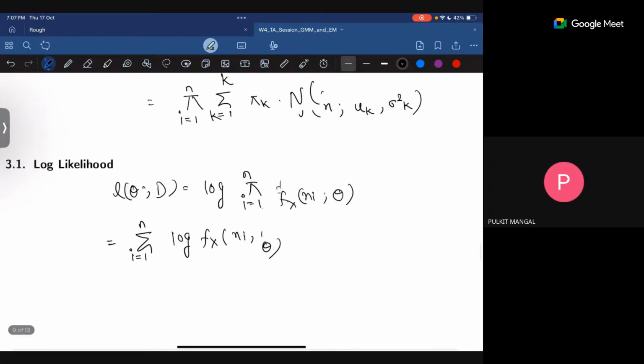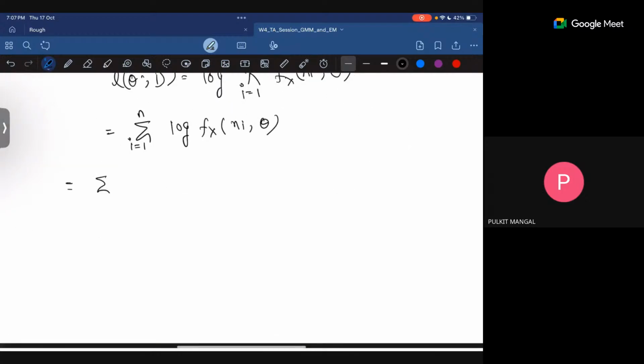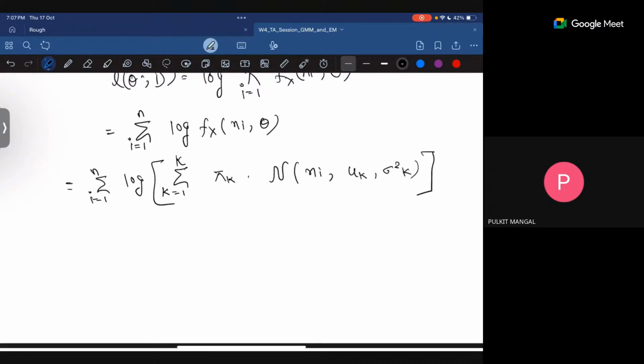Now if we just copy paste our density function, it is the log of the summation over k equal to 1 to K of pi k times psi of x i given mu k, sigma squared k. This is our log likelihood function for GMM. Now what's the problem here?